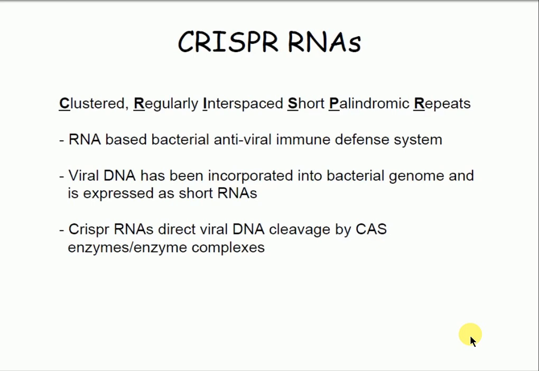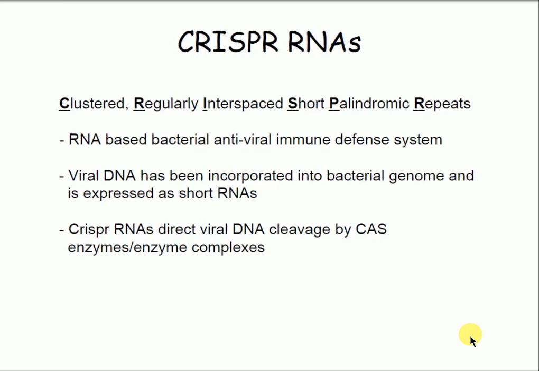CRISPR stands for clustered regularly interspaced short palindromic repeats. And what this all is, is an RNA-based bacterial antiviral immune defense system. Bacteria have evolved this system of incorporating pieces of DNA from phages into their genome, and then they express them and can recognize the phages.